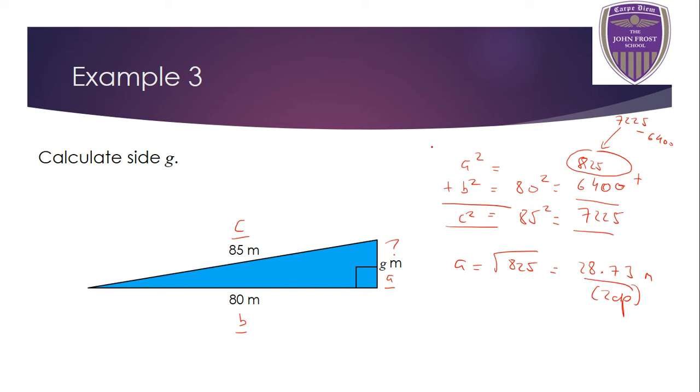Okay, and the trick here is there's a famous saying, well, famous in this school. If you're finding a short side, i.e., not the hypotenuse, then you subtract. You do C squared take away B squared, or C squared take away A squared, whichever one you're trying to find. So my saying for Pythagoras, it's worth memorizing. If you're finding a short side, subtract.